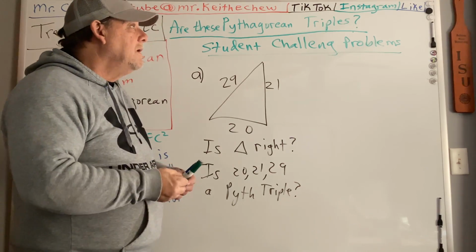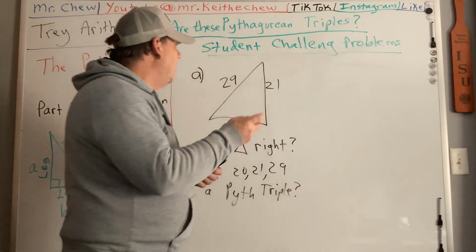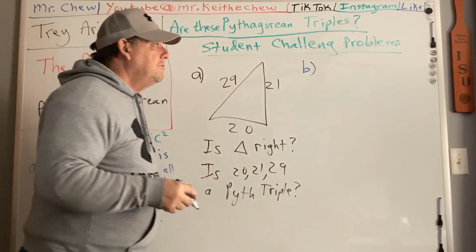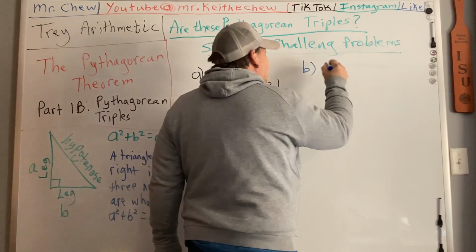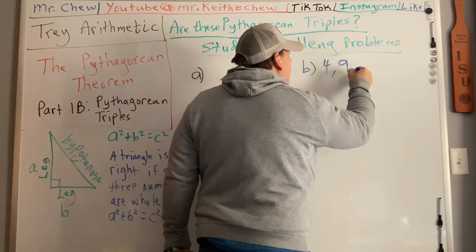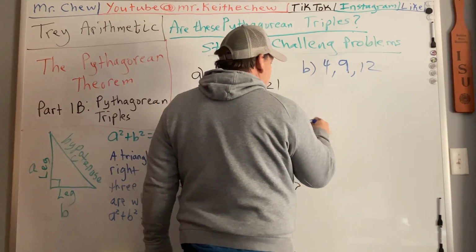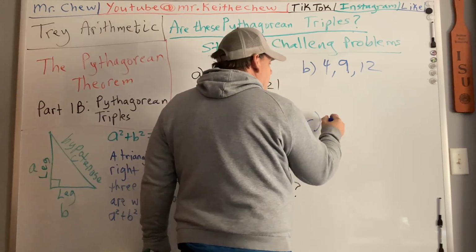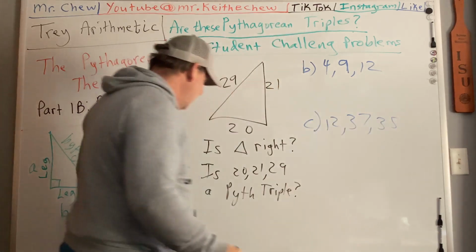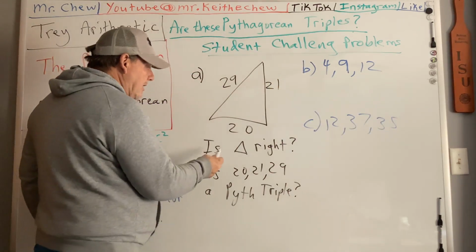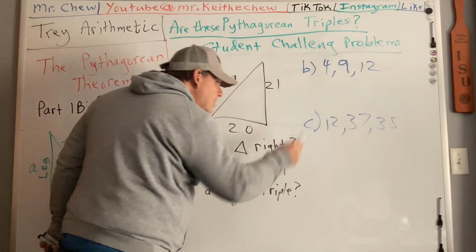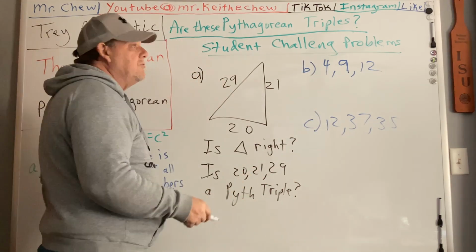All right. And then B, we only have 2 problems. Well, no, we have 3 problems, sorry. 4, 9, and 12. And then 12, 37, and 35. In both of these, we're saying, is it a right triangle? And then are those numbers Pythagorean triples?